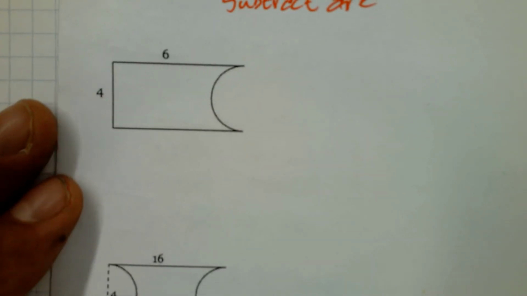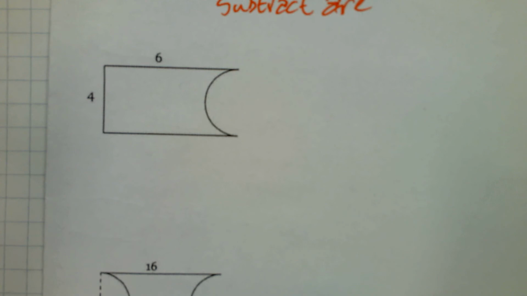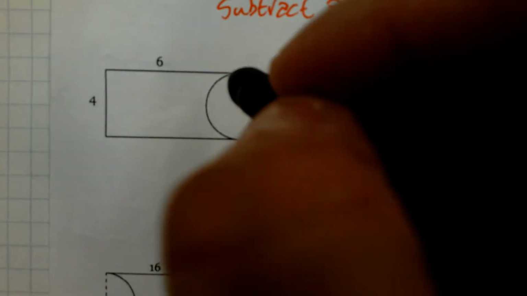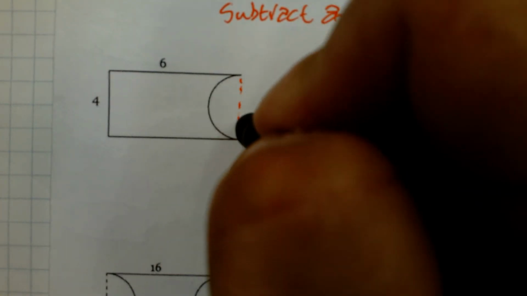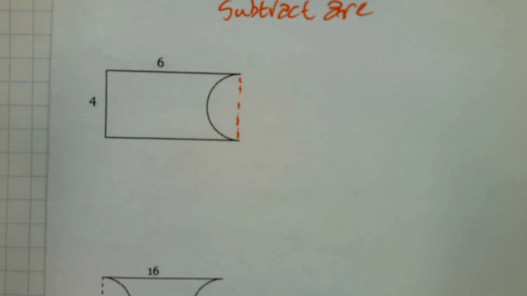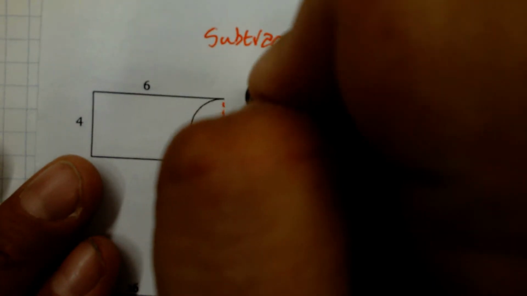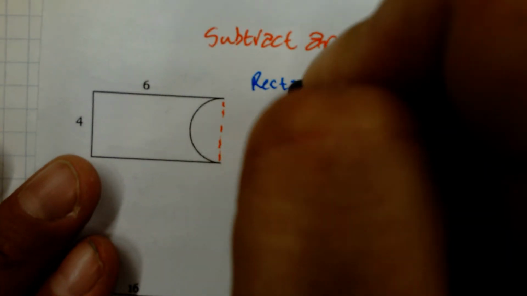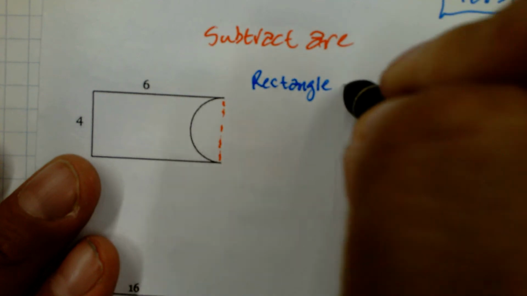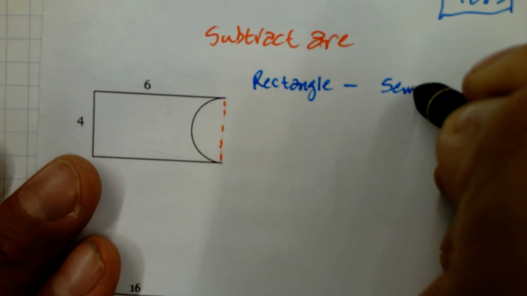Okay, so let's do it. Let's start with, if I have the full shape, right? What would the full shape be? Rectangle. Let's start with a rectangle. And then we're going to subtract a semicircle.